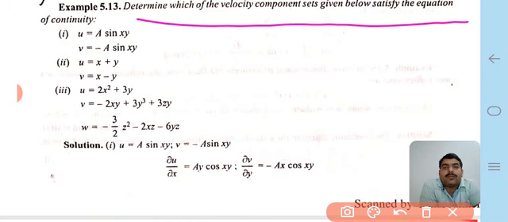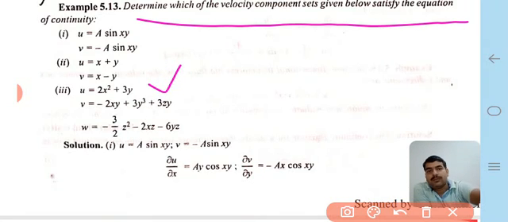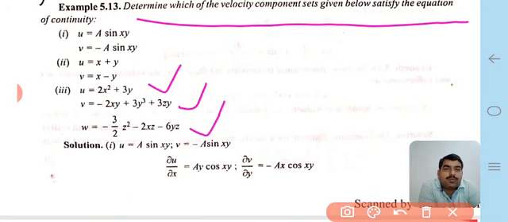In the second part, u is equal to x plus y and v is equal to x minus y. In the third part, u is equal to 2x square plus 3y, v is equal to minus 2xy plus 3y cube plus 3zy, and w is equal to minus 3 by 2 z square minus 2xz minus 6yz. This is the complete question.